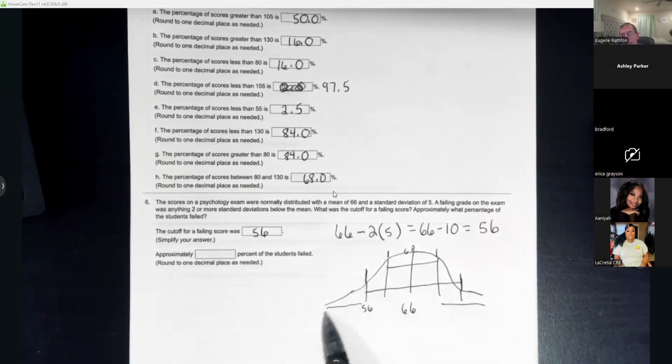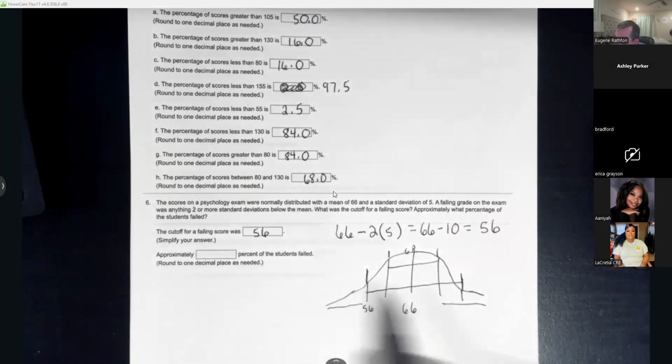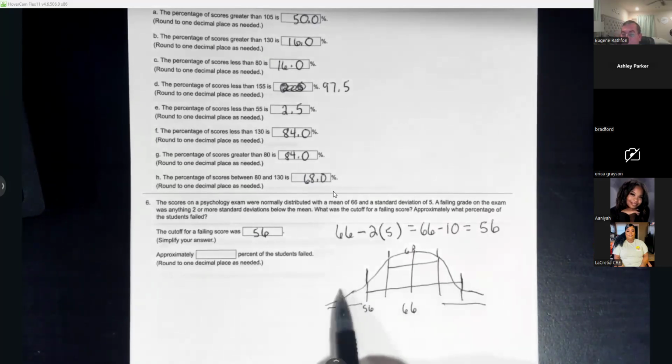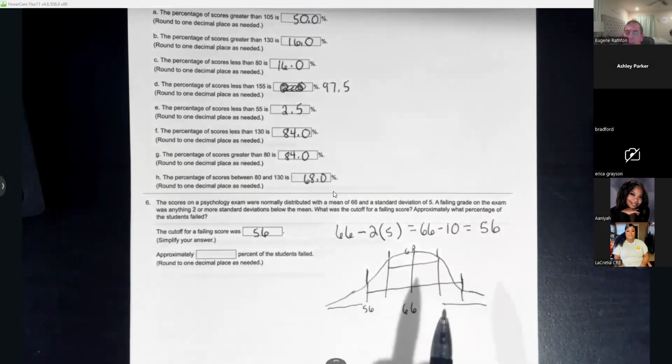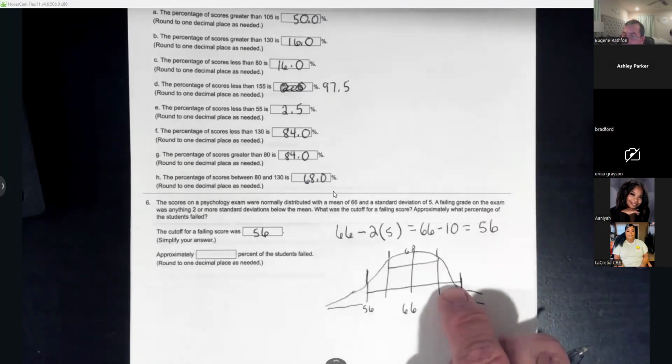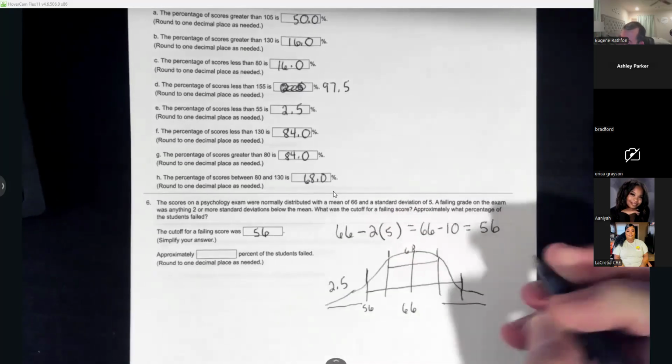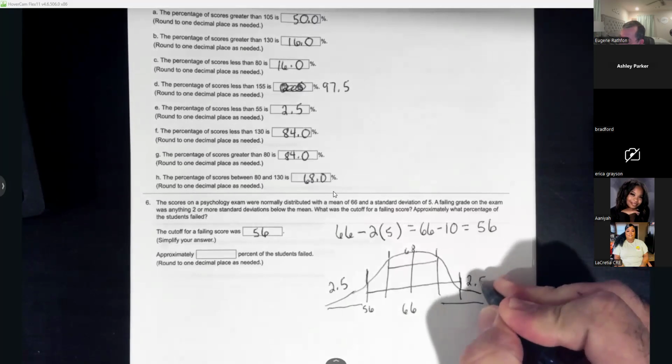I'm looking past 2 standard deviations, y'all. So if between here and here is 95% of your data, that leaves 5% for the ends. But that's total between both ends. Okay? So what that means is you would split 5 into 2.5 here and 2.5 here.